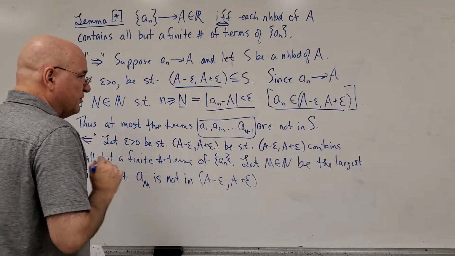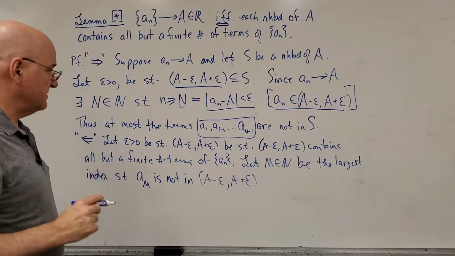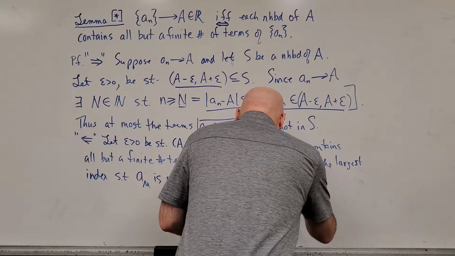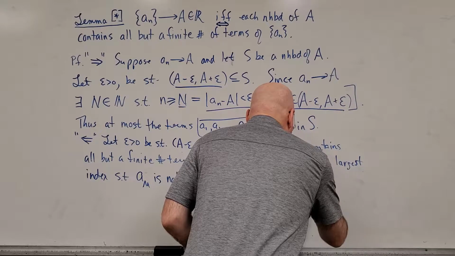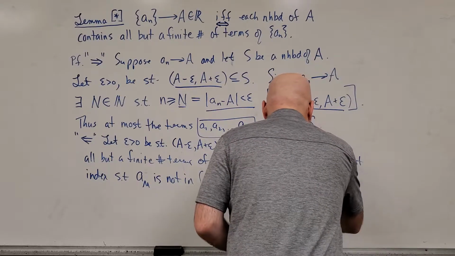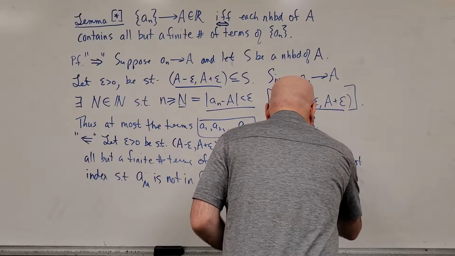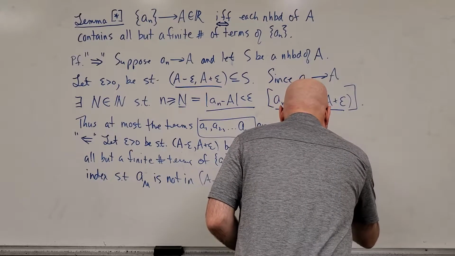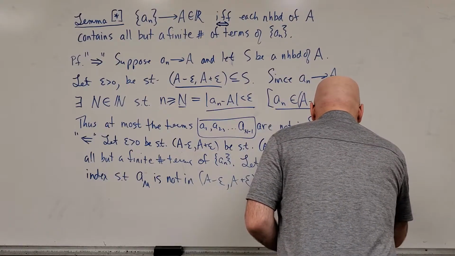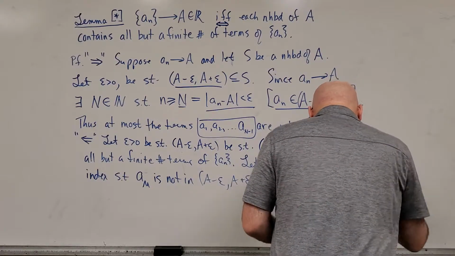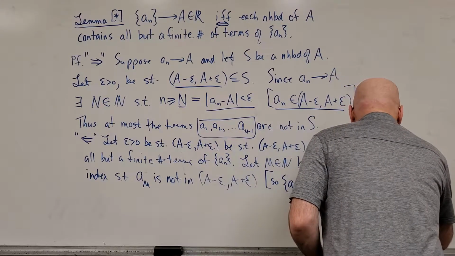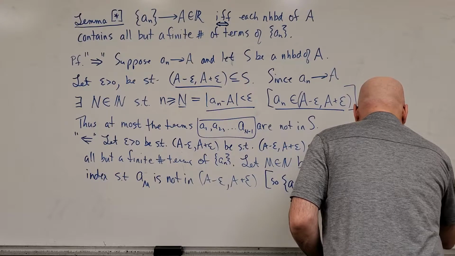And what that means is that the collection of elements a_(M+1), a_(M+2), and so on is all contained in a minus epsilon to a plus epsilon.